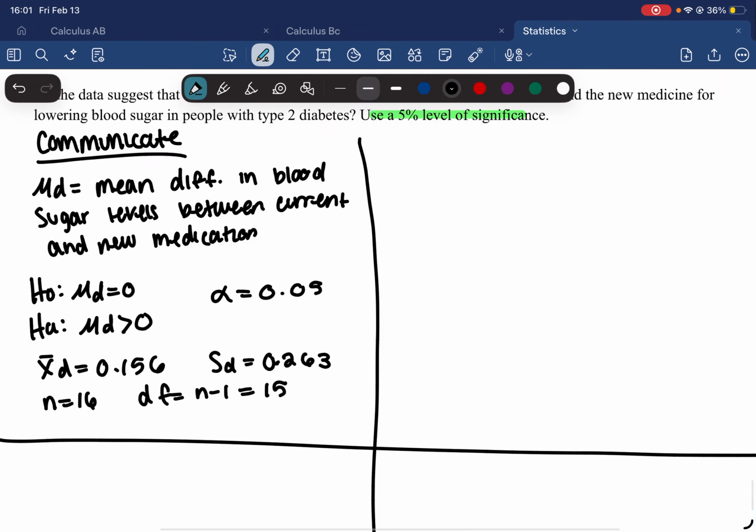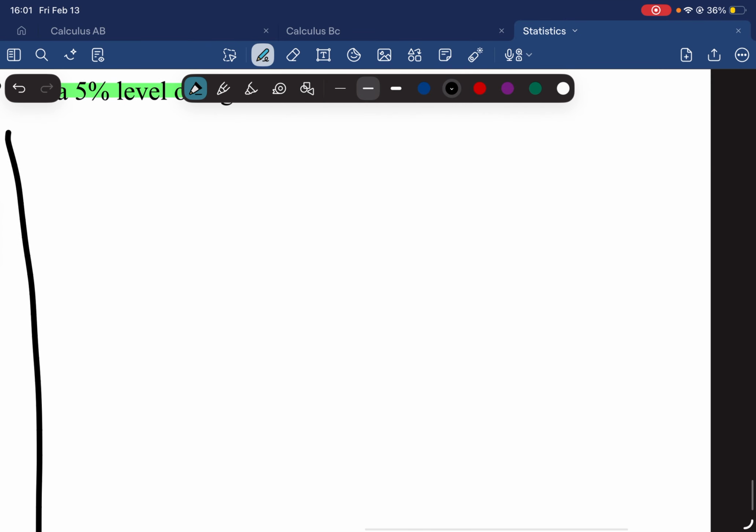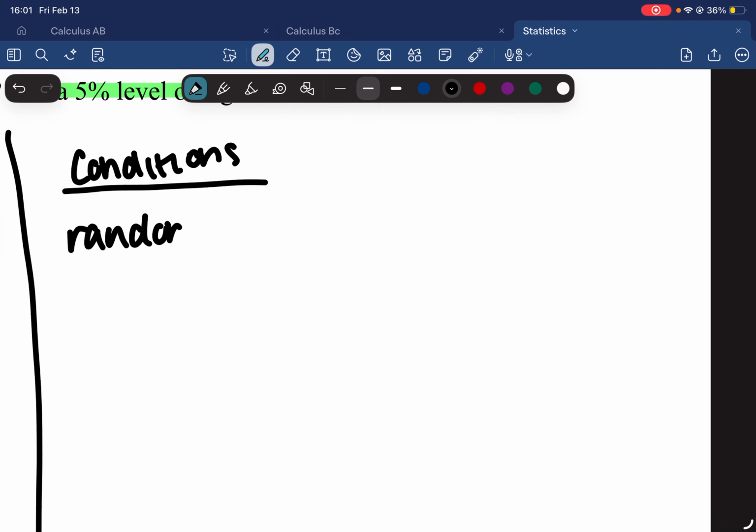Okay, now we move on to conditions. So remember, this is an experiment, so we're going to skip the independent condition. So for random, we're looking that the treatments were randomly assigned.